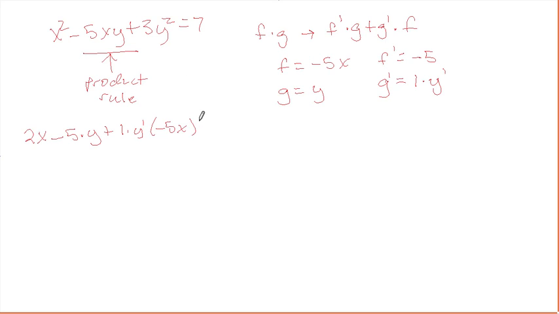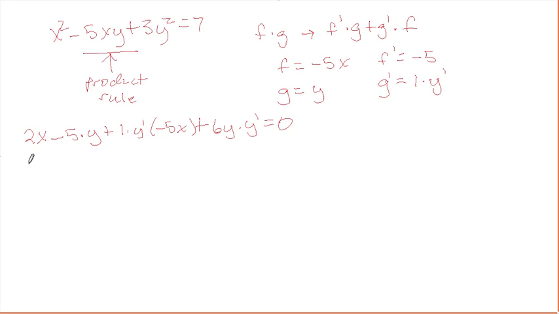Then we have plus, take the derivative of this if it were x, so we have 6y times y prime equals, derivative of 7 is 0.